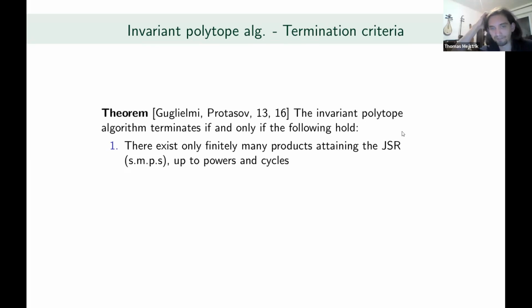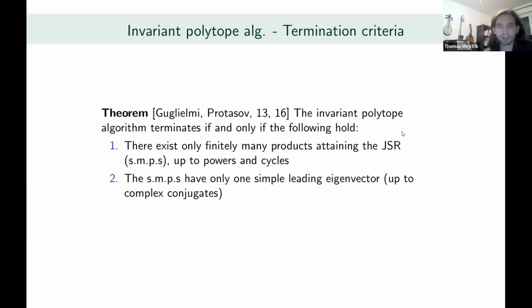The second condition is that each spectral maximizing product must have only one simple leading eigenvector, so there must not be two leading eigenvalues with the same value in modulus. And the third one is that the set curly A has a spectral gap at the joint spectral radius.